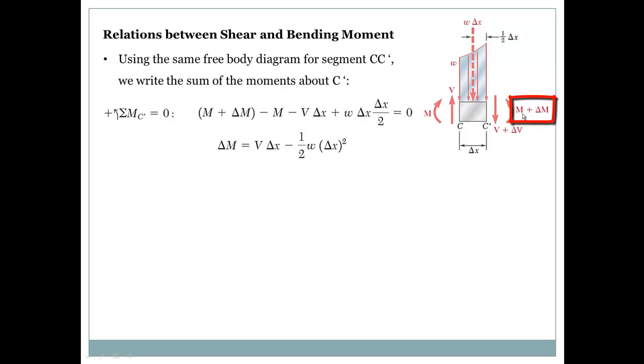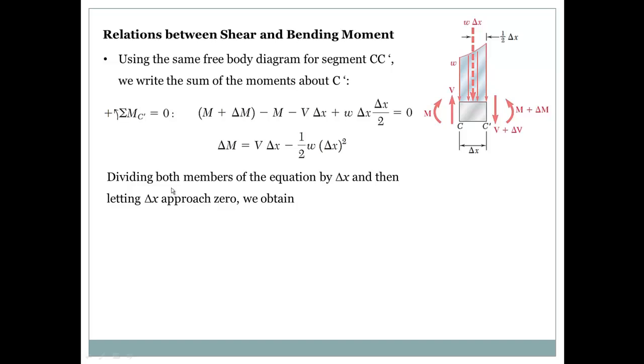First, this is the moment, which is M plus delta M minus M, then minus V times delta x, then plus W delta x times the distance 1/2 delta x. And if I simplify this, I will have delta M equals V delta x minus 1/2 W delta x squared.